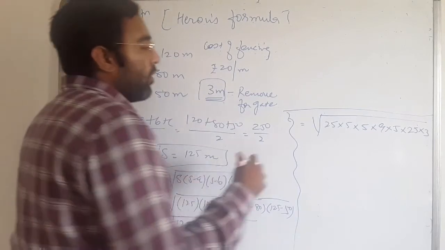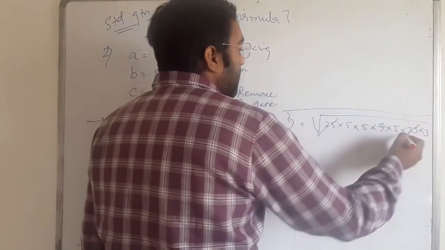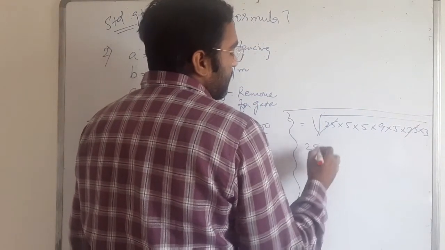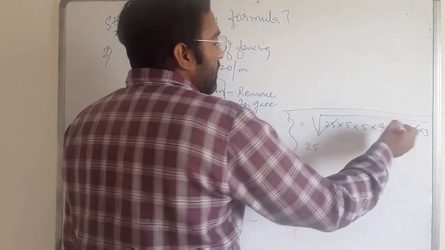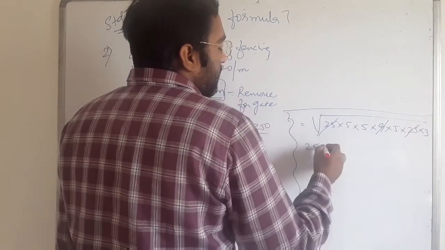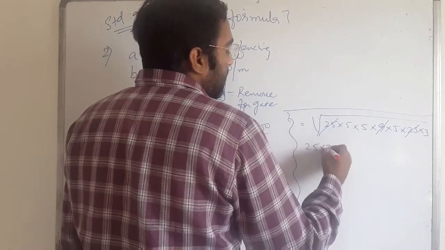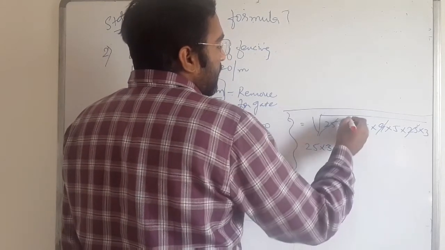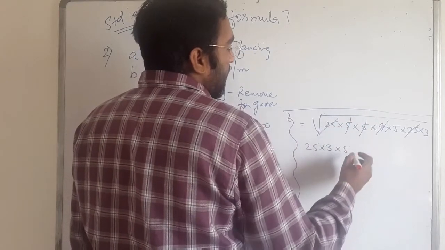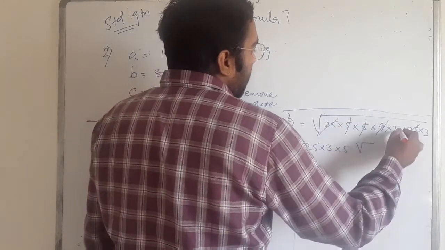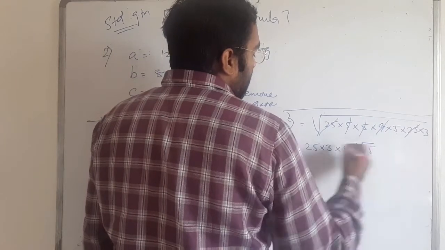Now we take the common pair of 25, the square root of 9 is 3, a pair of 5 we take as 5, and the remaining numbers 5 and 3, that is 5 3s are 15.